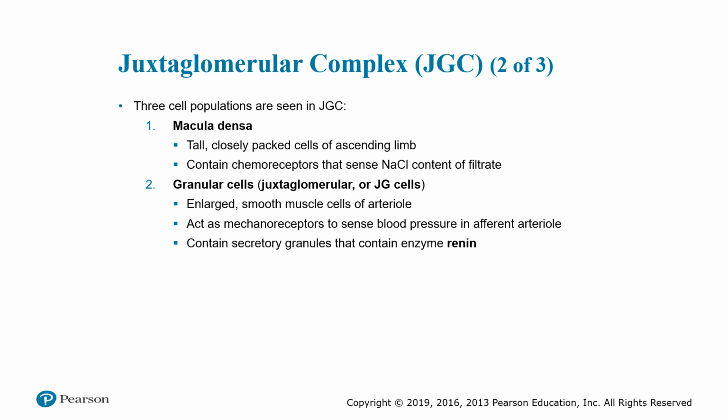They are also known as juxtaglomerular or JG cells. They are enlarged smooth muscle cells of the arteriole, and they act as mechanoreceptors to sense blood pressure in the afferent arteriole. And these cells contain the secretory granules that contain renin.